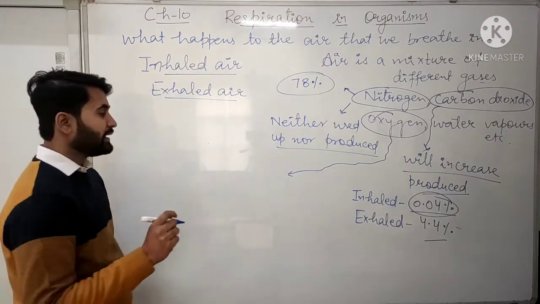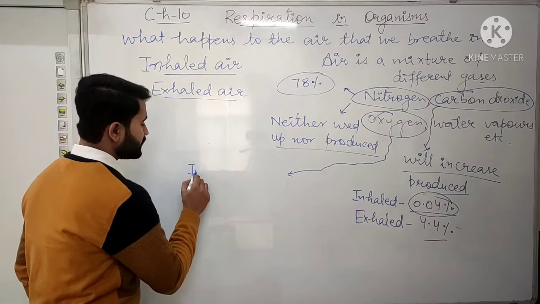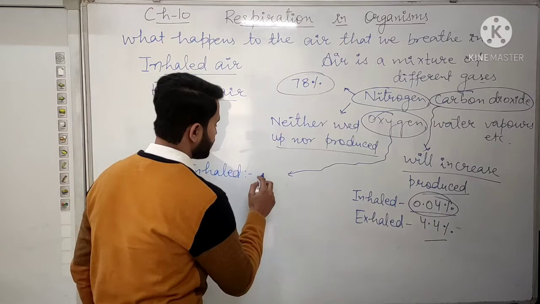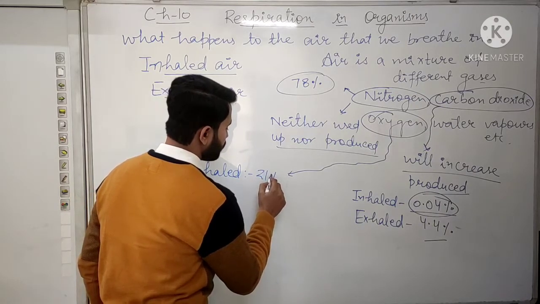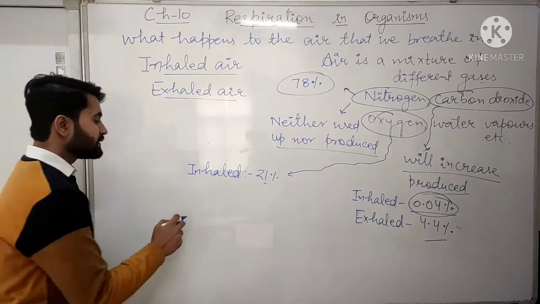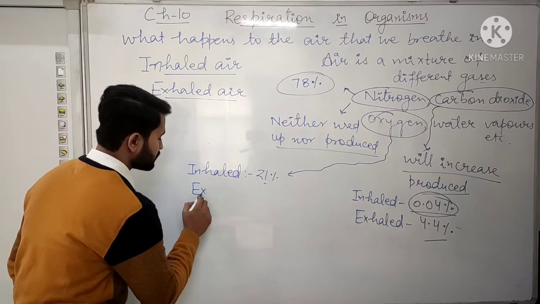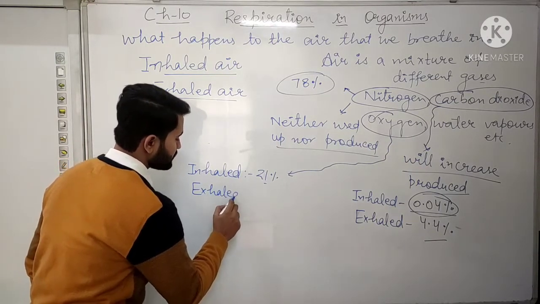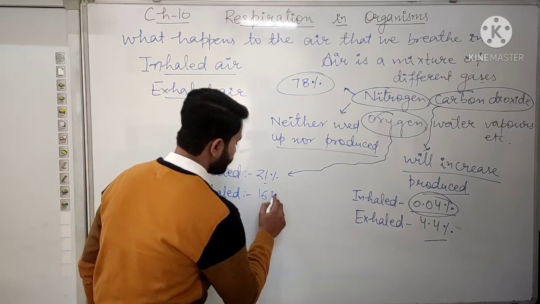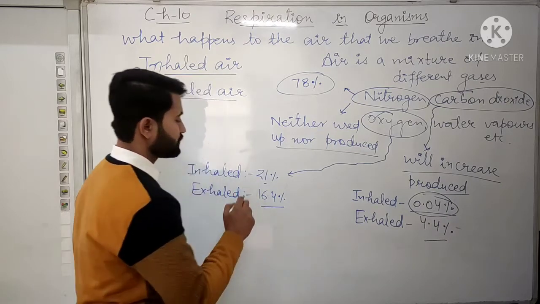Now in the inhaled air, 21% of oxygen is present. Inhaled air contains 21% of oxygen, whereas the exhaled air contains 16.4% of oxygen.